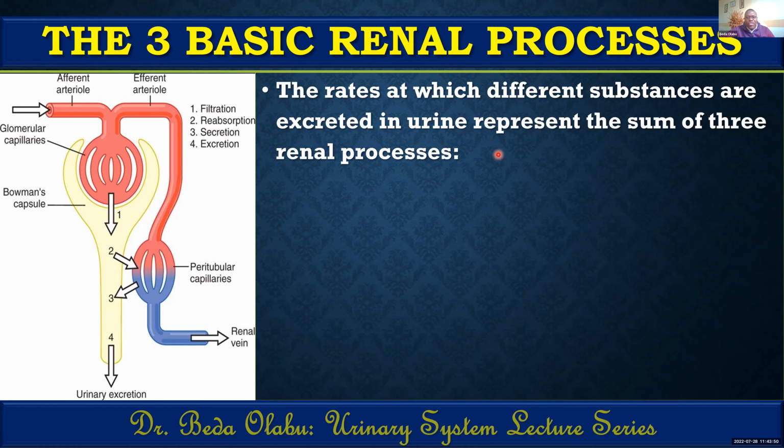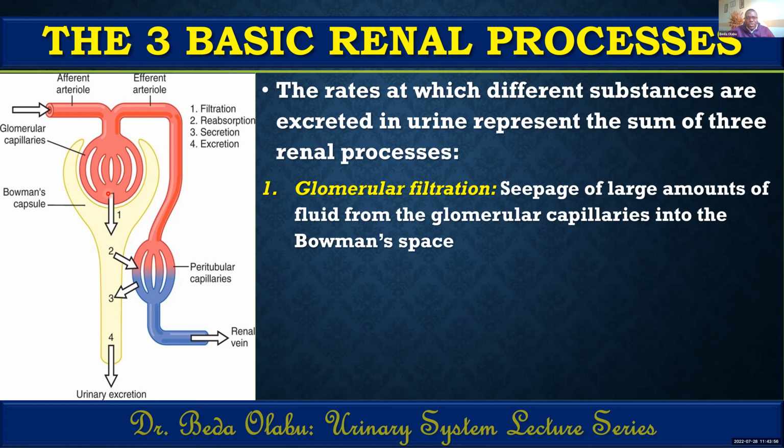We call them the mechanisms of urine formation. The first process is glomerular filtration, which is the seepage of plasma from the glomerular tuft of capillaries into the Bowman's capsule.